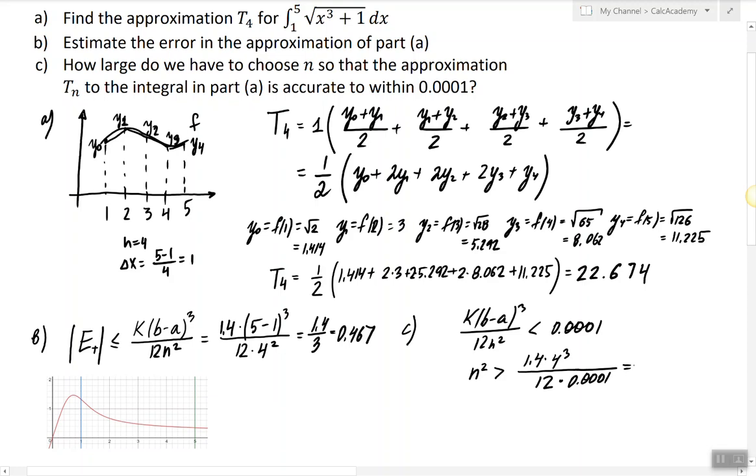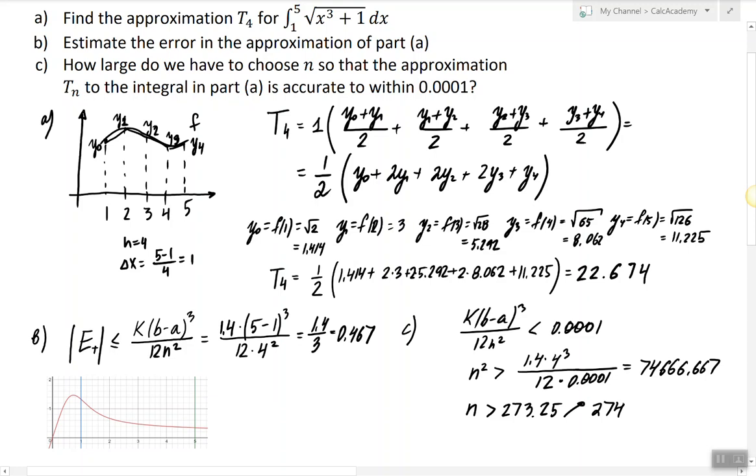So the right hand side of this inequality is 74,666.667, and taking the square root of both sides and only considering the positive solutions gives us the following result. n must be greater than 273.25, which we have to round up, and the answer is 274.